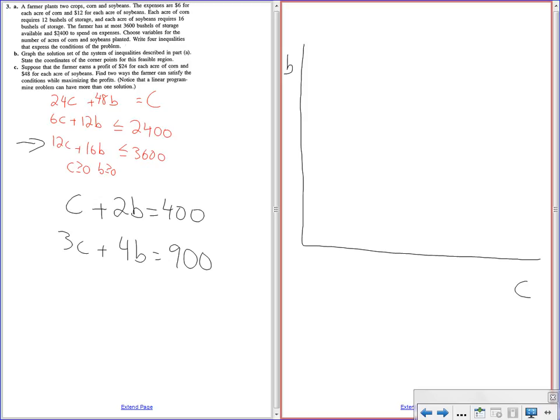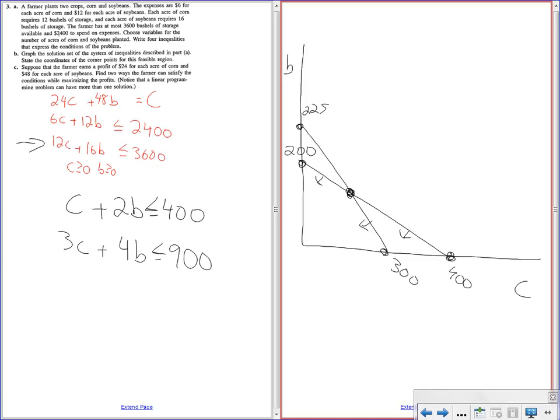Corn and beans. When you do your intercepts, you have 400 and 200 respectively. And they're working inward, 300 and 225. Working inward, I have to find that intersection.